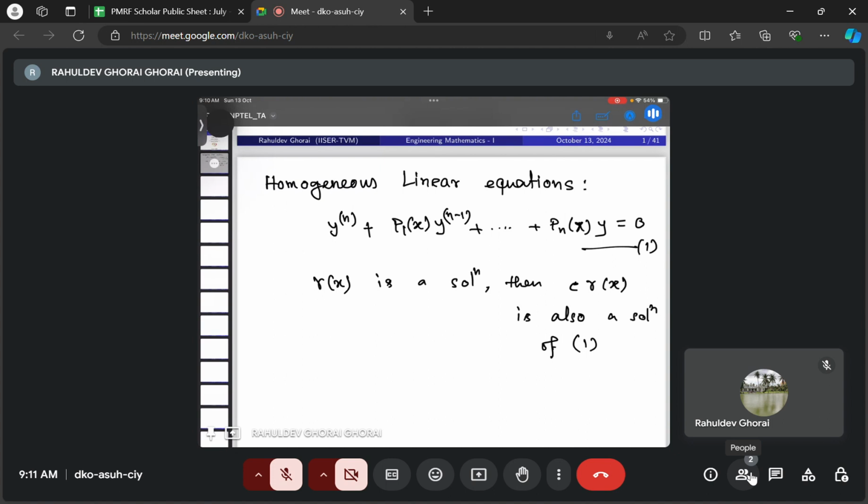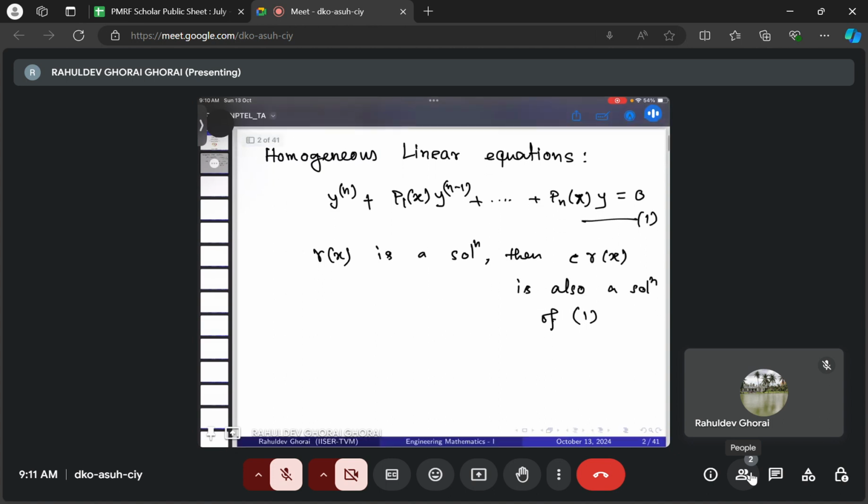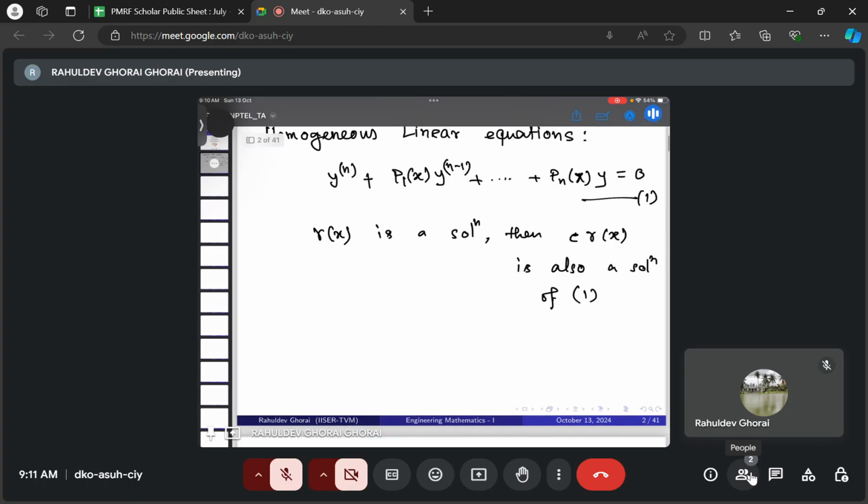Let me make a few remarks here. If R(x) is a solution of equation 1, which is a homogeneous linear equation, then any constant multiple is also a solution. How?